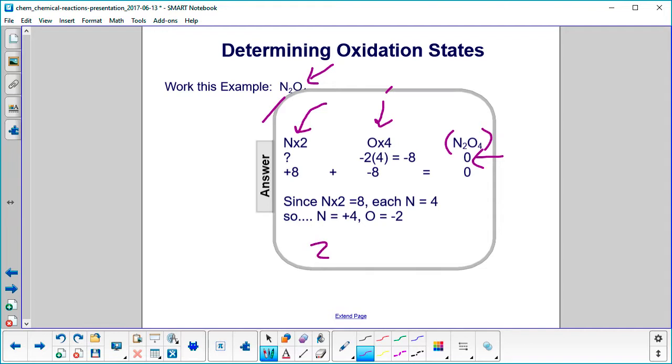So we have 2 times the oxidation state of nitrogen minus 8. That's what oxygen contributes. That has to equal 0. So 2N equals 8, and 8 divided by 2 is 4. So the oxidation state of nitrogen is +4. And oxygen is -2. -2 coming from the periodic table and the +4 coming from our calculation.